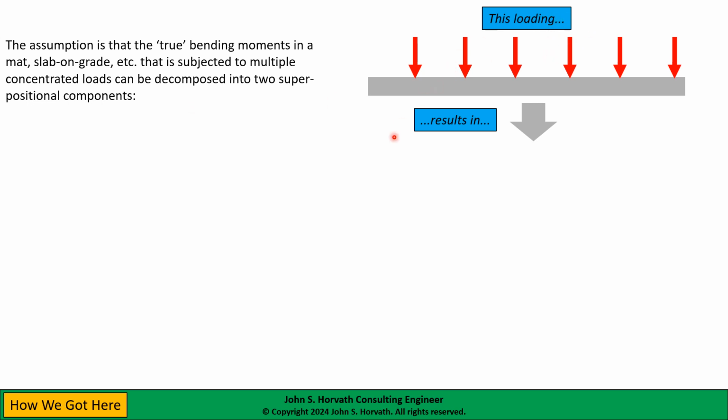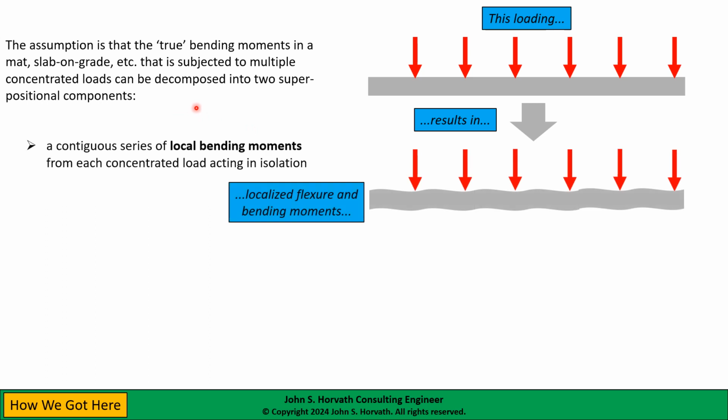All right, so this overall result produces what we call local bending moments, which are simply localized flexure and bending moments isolated under each of these independent loads. This is what Terzaghi was talking about in terms of local bending moments.